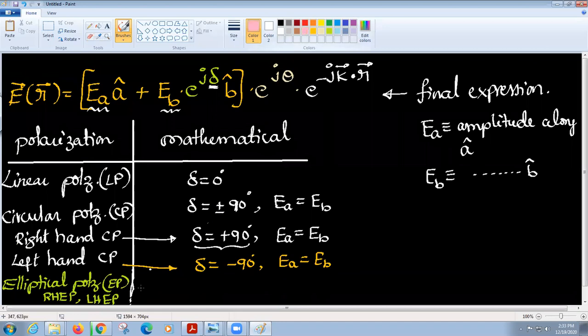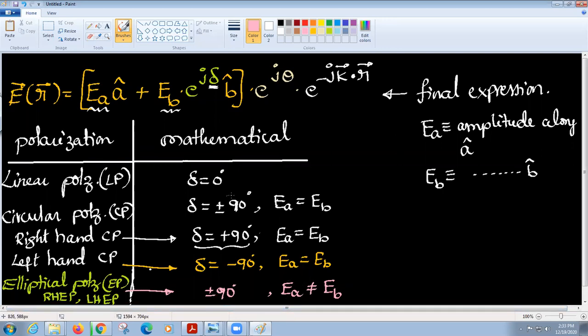What about this delta? Delta must be the same, plus or minus 90 degrees. But for this to exhibit elliptical polarization, EA should not be equal to EB.